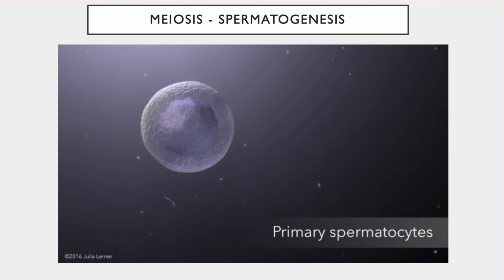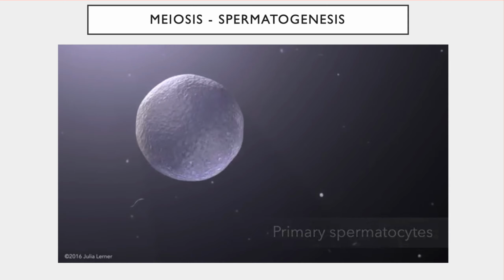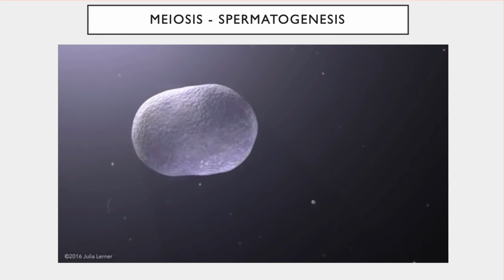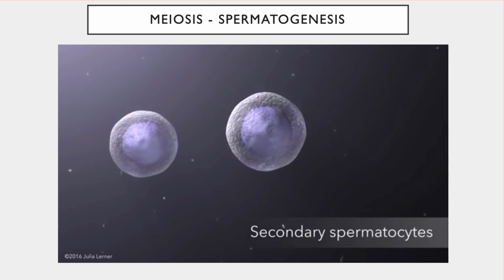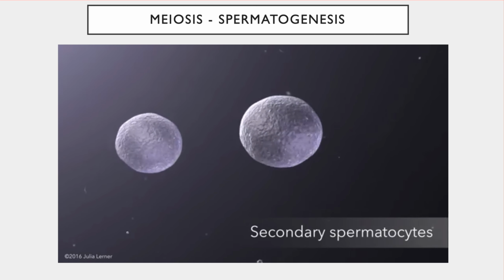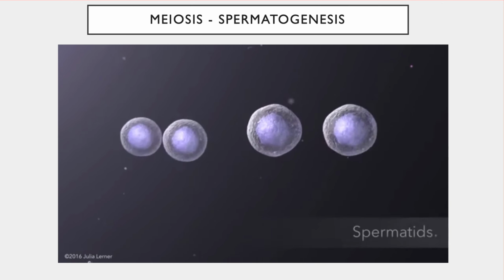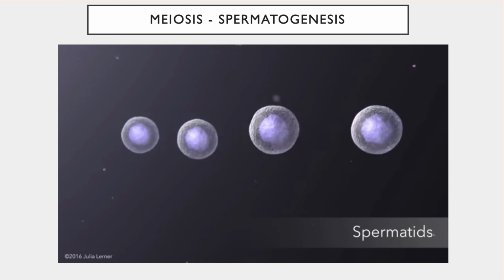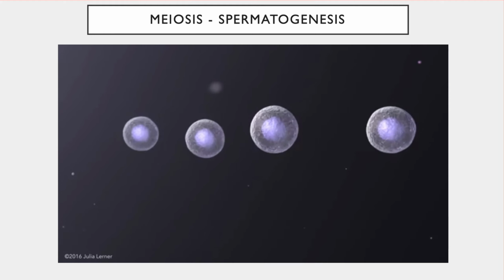Each of these primary spermatocytes undergoes a first meiotic division, forming 2 smaller haploid cells known as secondary spermatocytes. These secondary spermatocytes divide once more, giving rise to 4 haploid cells called spermatids, containing exactly half of the father's genetic material. Through a process known as spermiogenesis, the spermatids change shape, transforming into mature sperm cells.